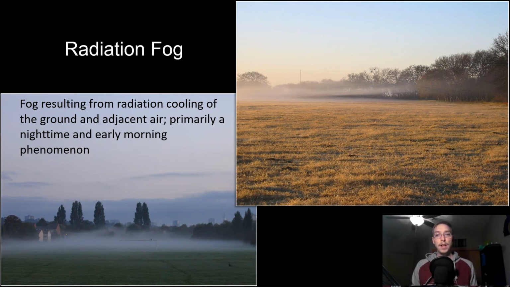In radiation fog, you typically have light winds, little to no winds, and a high pressure system. So you don't have clouds capping the atmosphere and holding that heat in, and heat is able to move more freely into the atmosphere from the surface through the long wave radiation coming from Earth. So here you've got that radiation cooling occurring.